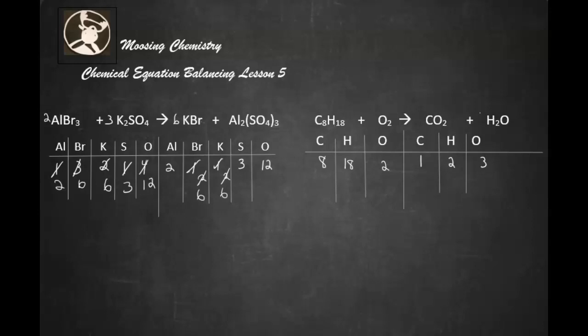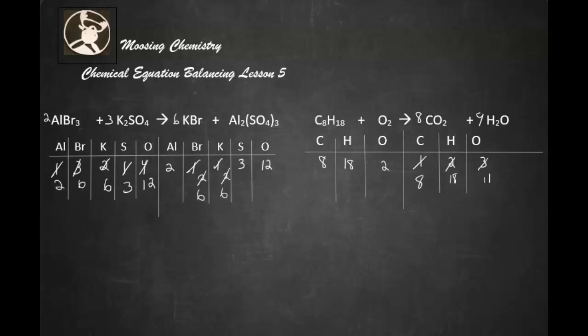Well, let's go ahead and stick a 9 right here. And when we do that, that gives me 18 hydrogens. It gives me 9, 10, 11 oxygens. And that doesn't really help me a lot on the oxygens, but we'll get there. All right, so now we need to put an 8 here, and that'll give me 8 carbon, 16 oxygens, and then we have, of course, 9 oxygens, right?